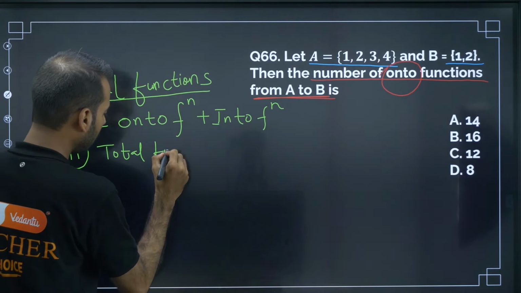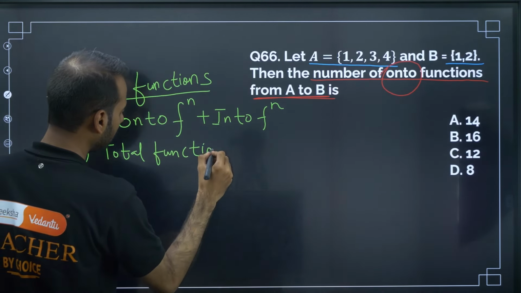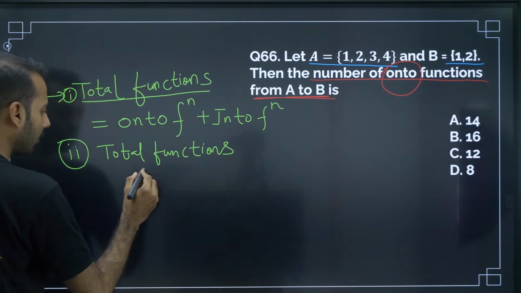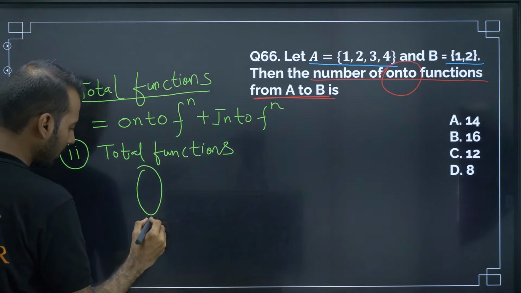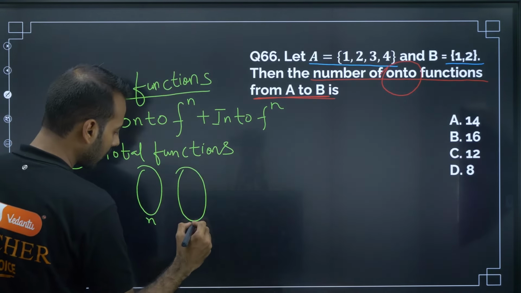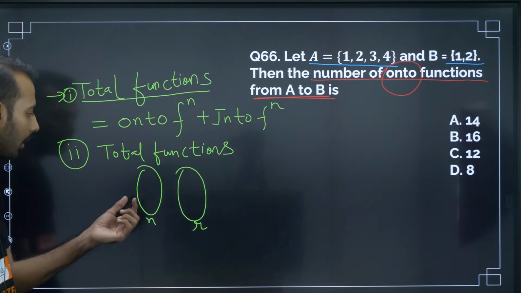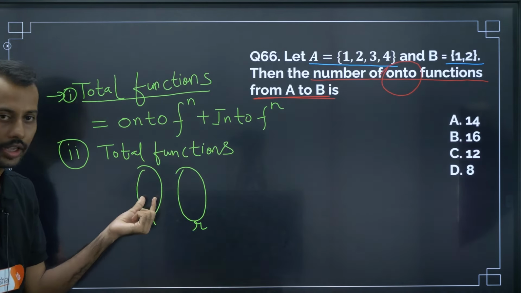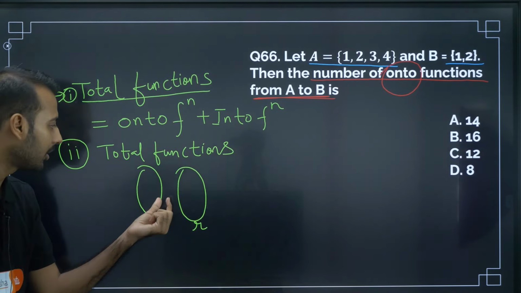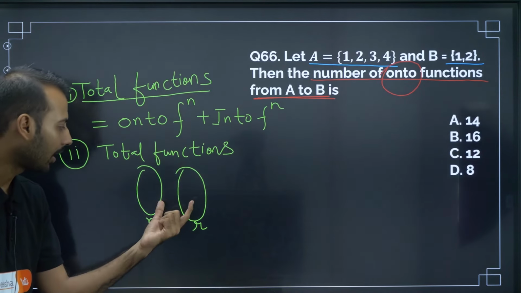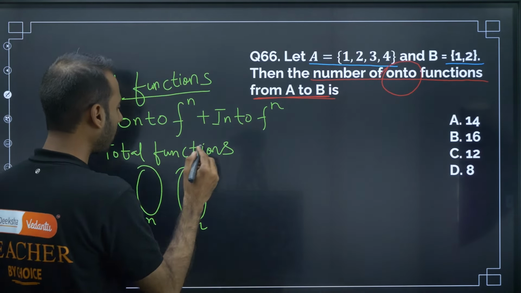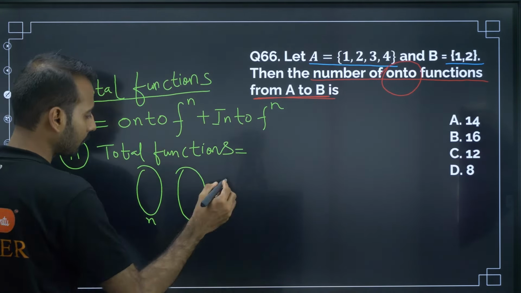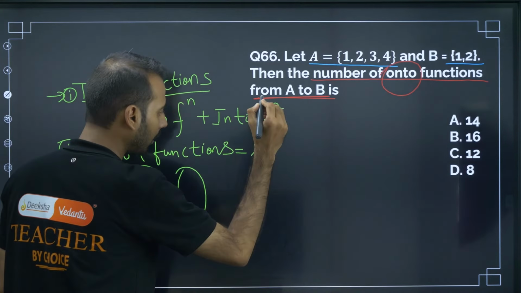For total functions, suppose I am considering one set A which has n elements, and set B which has r elements. Then the total number of functions is equal to r power n.